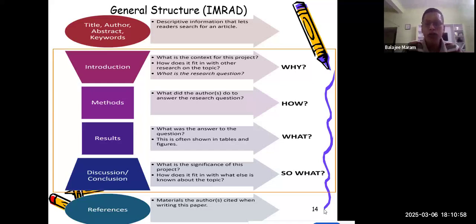You need to mention the list of referred papers. You may have referred some 20 papers, or 50 papers, or 100 papers, 200 papers. You need to write those references. So the paper starts with the title, and the paper ends with references.